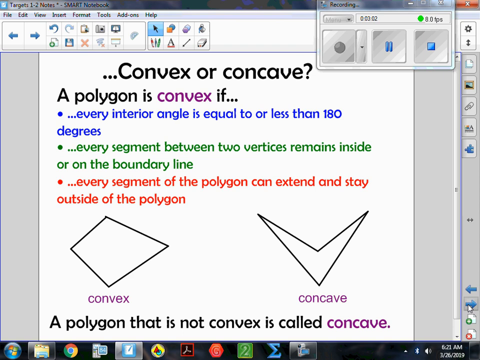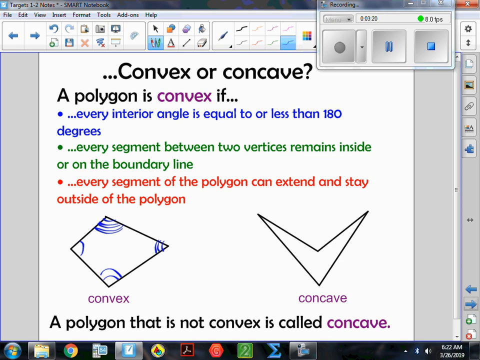So let's look at the blue. Blue says every interior angle is equal to or less than 180 degrees. So all of these angles on the inside of this quadrilateral are all less than 180 degrees. So that makes it convex.